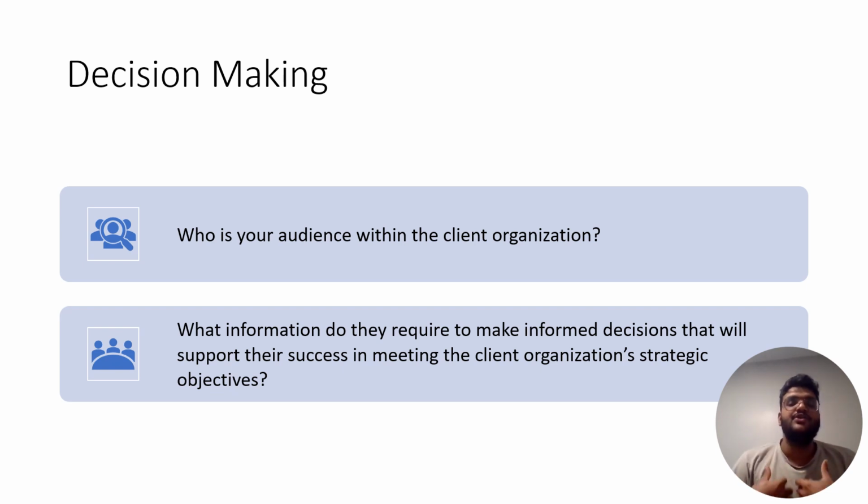Now, as a small business, I want you to put yourself in their shoes and think about what key measures you would want in order to understand your customer base.